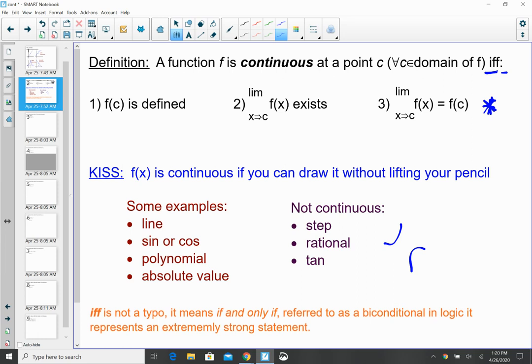Biconditional means that logically it works both ways. If these three things happen, the function's continuous. And if the function's continuous, those three things happen. So if you ever see "iff" with the double F's, your math teacher's not doing something crazy. He's making a logically strong statement. Okay, now back to continuity.